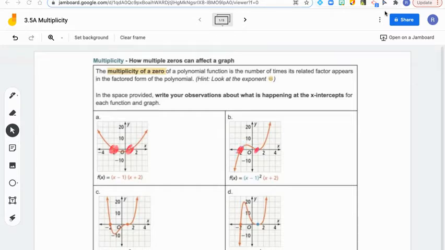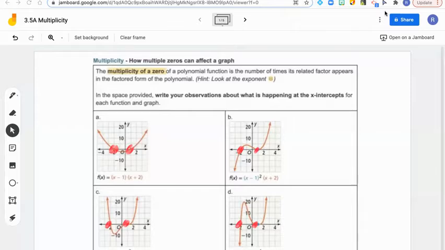Part C, you'll see a 0 at -2 and a 0 at 1. And then in this last one, you'll see a 0 at, again, -2 and 1. And so they all have the same zeros, and yet what is happening at the zeros looks very different.